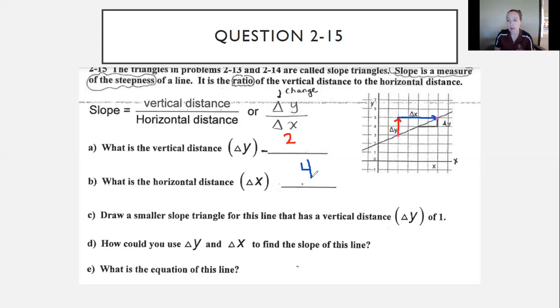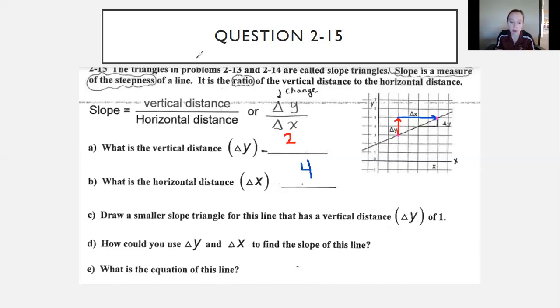Now, if you're going to be the student who flips this and says it's 4 over 2, I will always have you color code your slope, meaning I'll always have you put the change in y in red and the change in x in blue. That way you always know it's going to be red over blue.